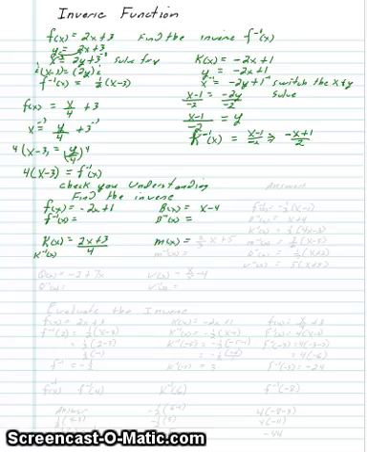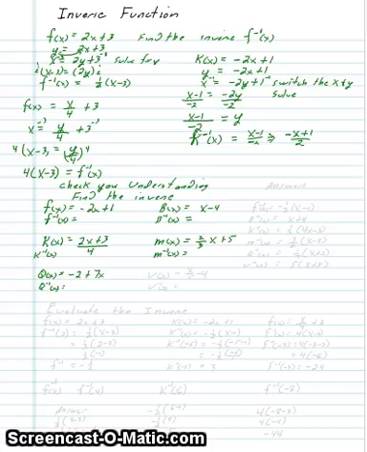m of x is equal to 2/3 x plus 5. So find the inverse. q of x is equal to negative 2 plus 7x.